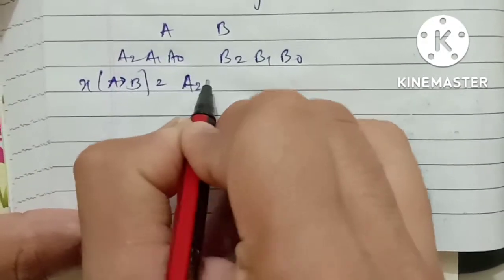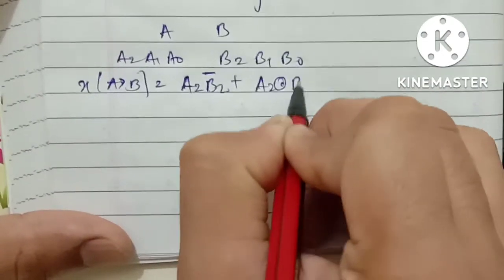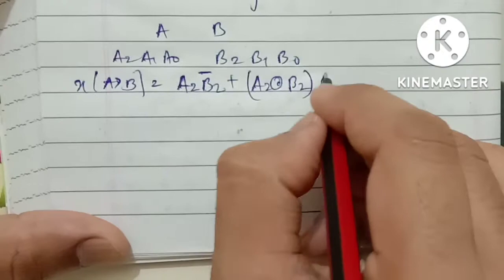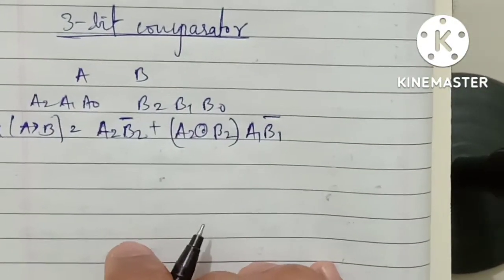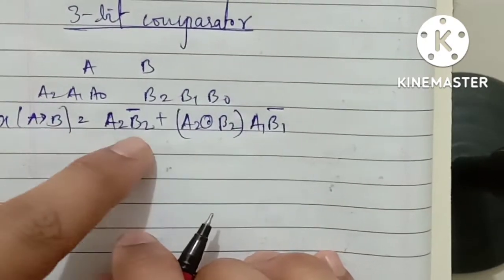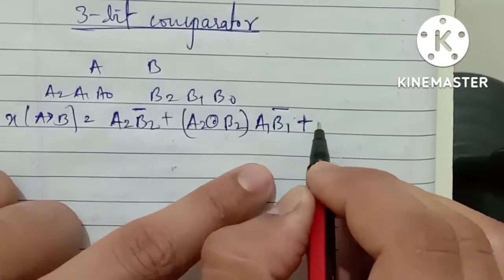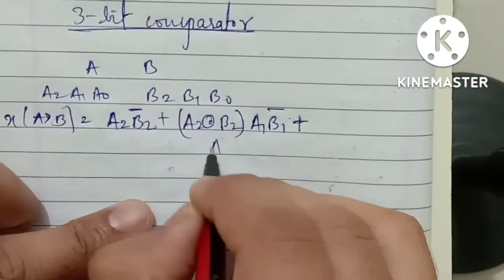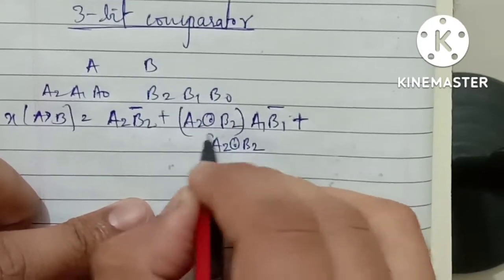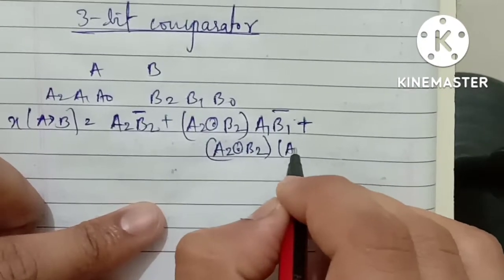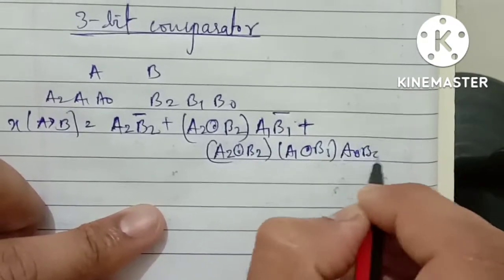So a2 b2 bar. The one which is less, the bar will come on that bit only. Similarly for this case, a1 and this, and a0 b0.